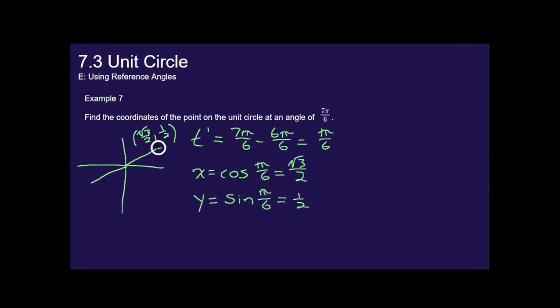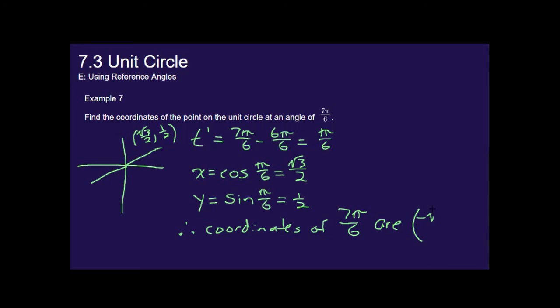Okay, so we know that the coordinates are going to be the same, but the signs are going to be opposite, right? Because in the first quadrant it's positive x, positive y, but in the third quadrant, it's negative x, negative y. Therefore, the coordinates of 7 pi over 6 are the same as pi over 6, but negative.